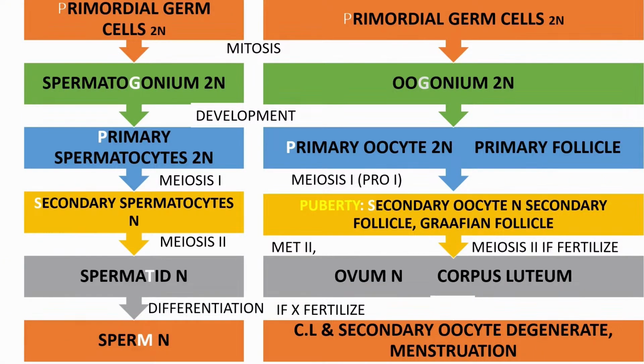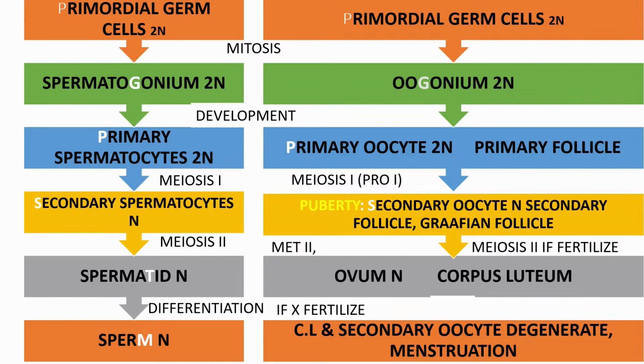So a very fast revision on spermatogenesis. We start from the primordial germ cell, which is diploid. Then it will undergo a few rounds of mitosis. Then you will form the spermatogonium, which is also diploid, and it will grow and develop and form the primary spermatocyte, which is diploid. After this, the primary spermatocyte is going to undergo meiosis.